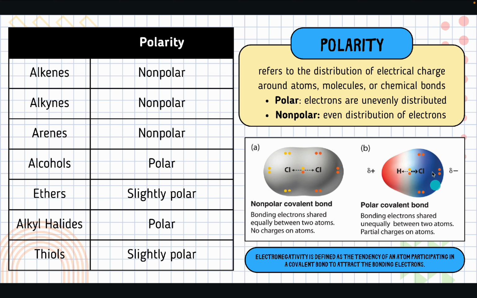Cl here is more electronegative, so the electrons are closer to Cl. Cl becomes partially negative, which makes hydrogen partially positive. So there is an uneven distribution of electrons. That's what we mean by polar.